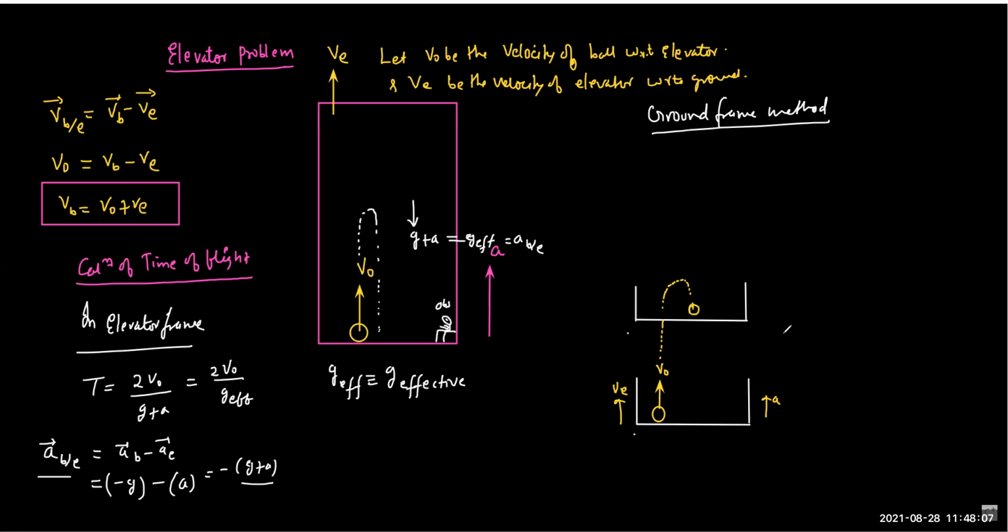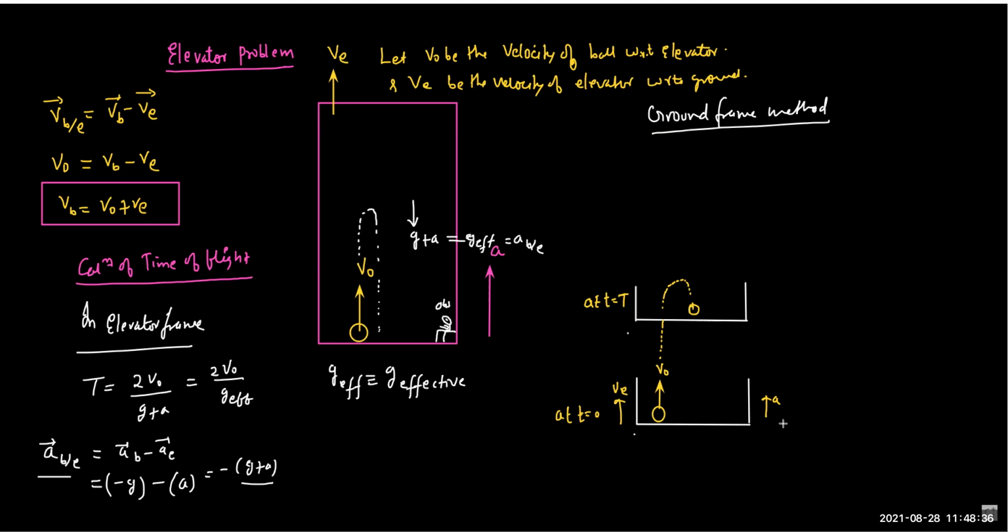Now that scenario is difficult to observe. So let's say at t equals 0 you're throwing, and it hits the floor back at t equals T, because that is my time of flight. So how can we solve this problem? It's very easy.